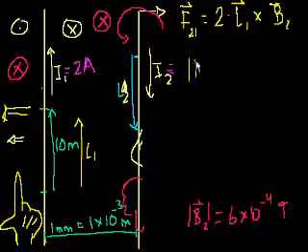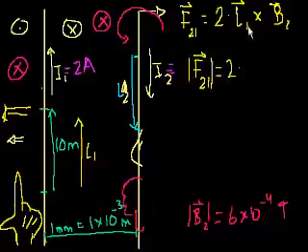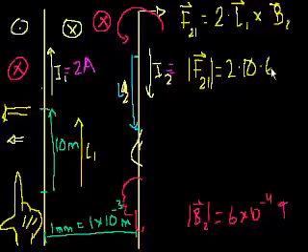The magnitude of the force is equal to the current, 2 amperes, times the magnitude of the distance, 10 meters, times the magnitude of the magnetic field, that's 6 times 10 to the minus 4 Teslas.